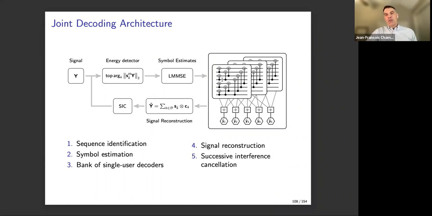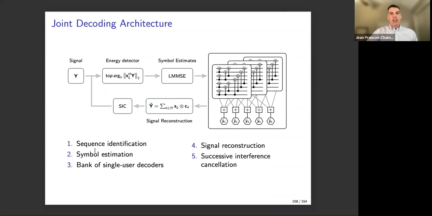And then for the code words that were successfully decoded, I'm going to re-encode them and create an estimate of Y, and then use successive interference cancellation, where out of my original observation, I'm going to subtract the code words that were successfully decoded. And then I'm going to go around a few times along this loop.